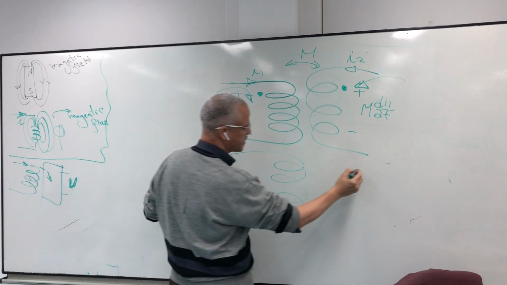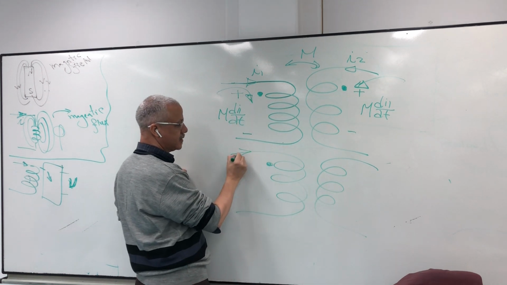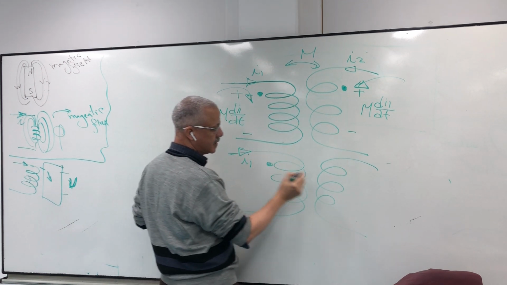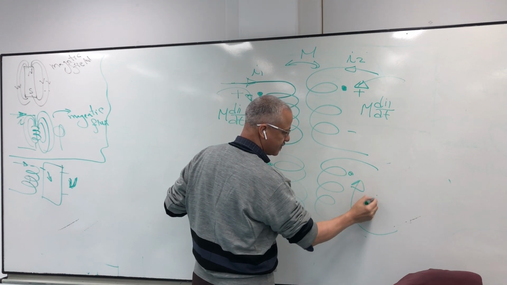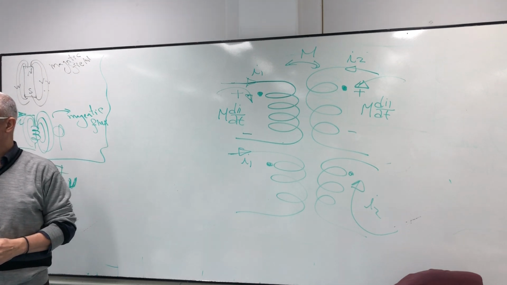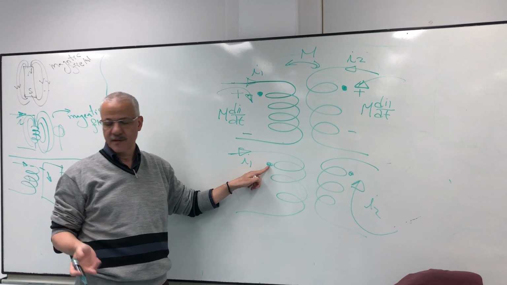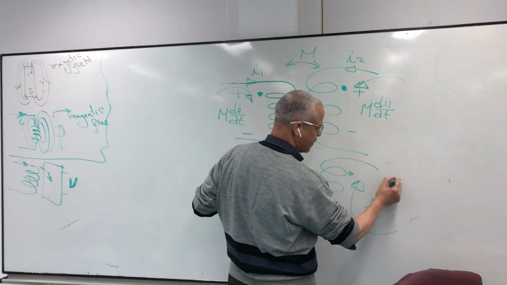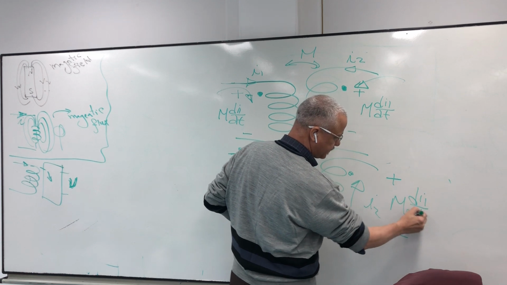If you have something like this one, here's a dot. Assume I1, assume the current comes from here. Okay? First, if the current enters this dot, positive or negative? Positive. So this is positive, M dI1 by dt.